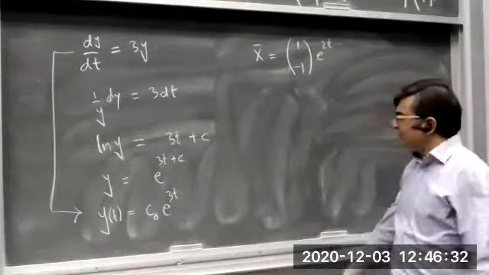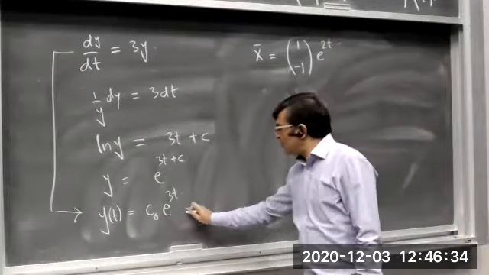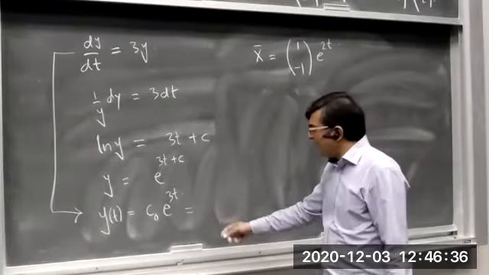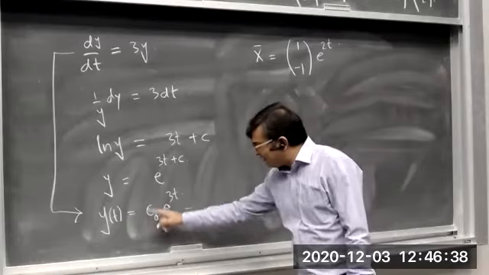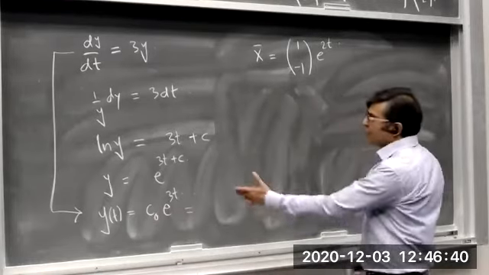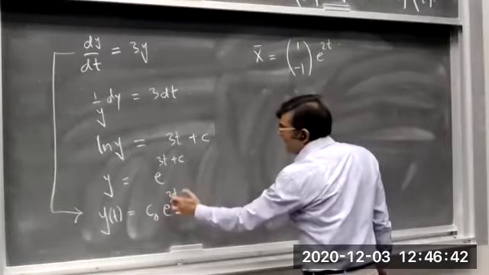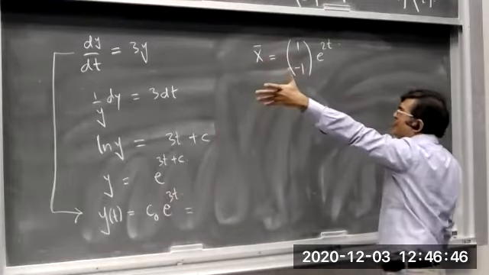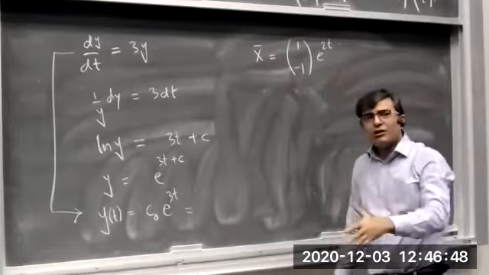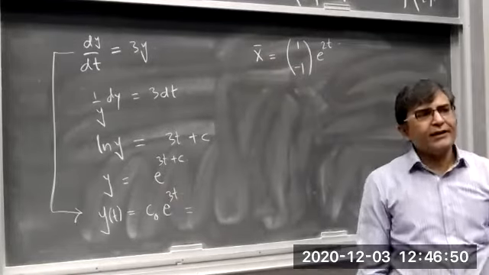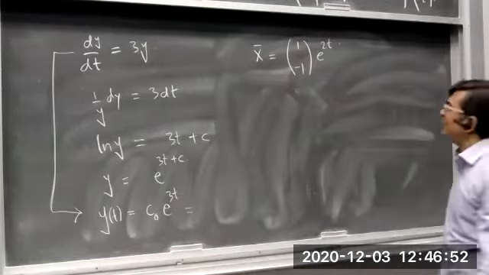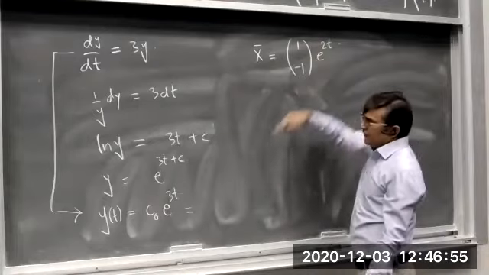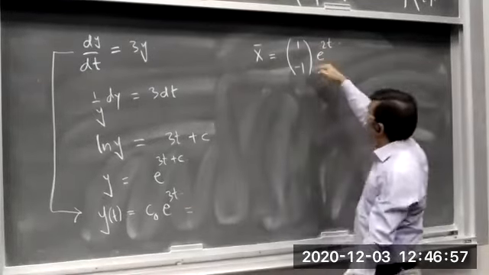This you can write as a constant vector times e raised power some lambda t. If you have a system of two differential equations which are first order, homogeneous, linear with constant coefficients, then the solution must be of this form.